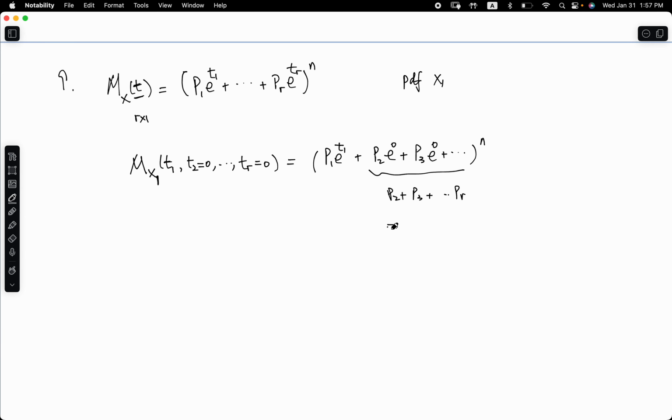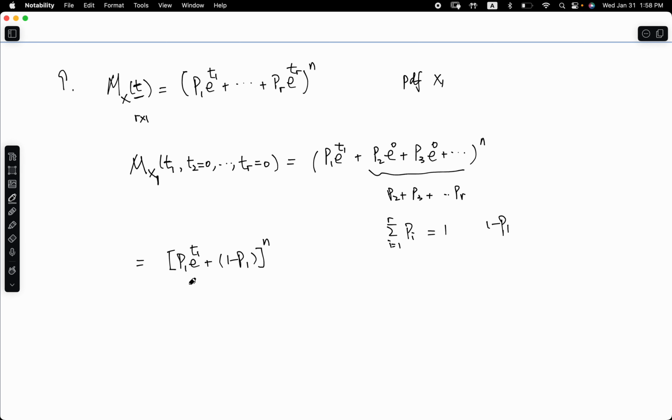And then given the constraint that the sum from 1 to r of pi equals 1, the summation from p2 to pr is just equal to 1 minus p1, the first element. So in the end, we will have p1 e to the t1 plus 1 minus p1, altogether raised to the power of n.